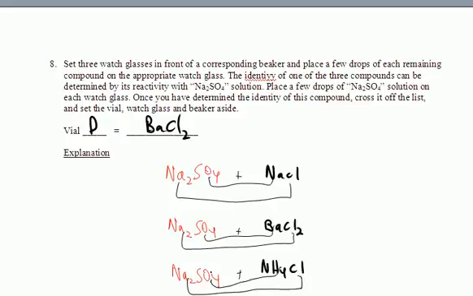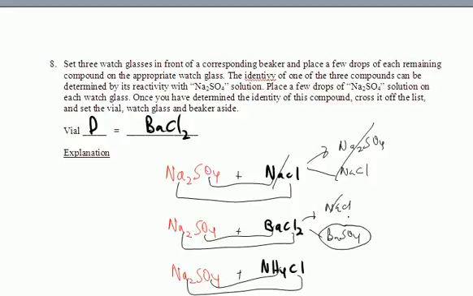So what we have to do here is go through and determine which mixture produced a new compound that was insoluble. This mixture produced Na2SO4 and NaCl. Both of those are soluble, so NaCl could not have been it. This one produced NaCl and BaSO4.